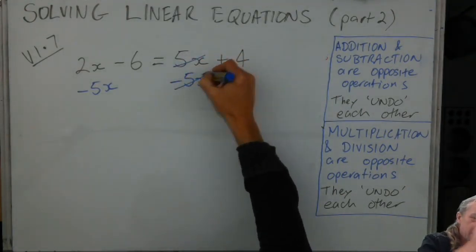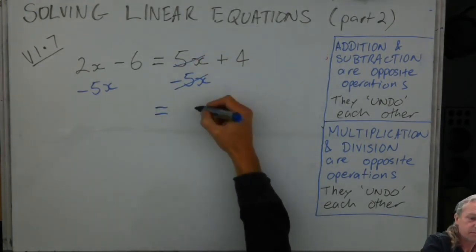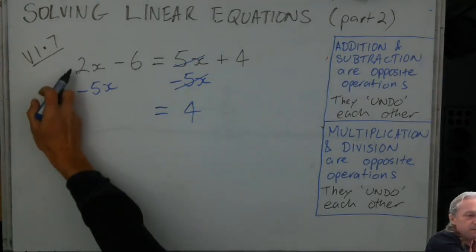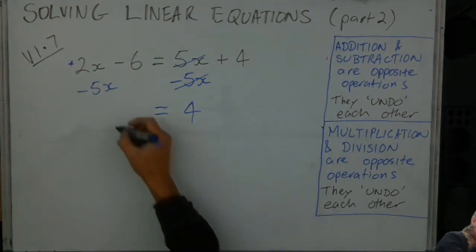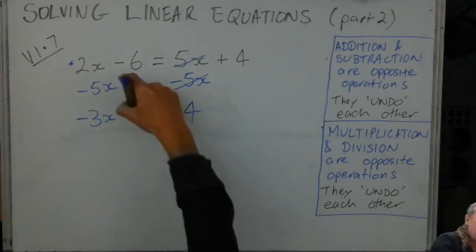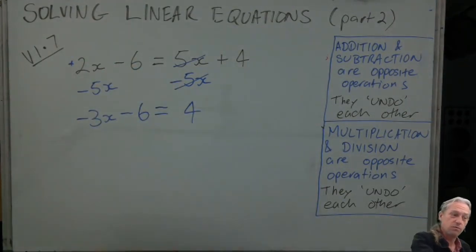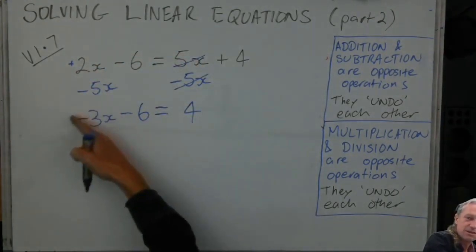So over here we get a cancellation. So really we've got nothing plus 4. We've just got 4 left on the right hand side. Over here, this is positive 2, take away 5, we're going to end up with -3x. And this take away 6 is still there. So nothing happened over there. So that's the first step. We've combined both of our x terms into just this one here.